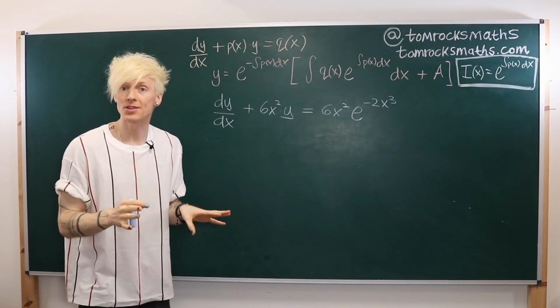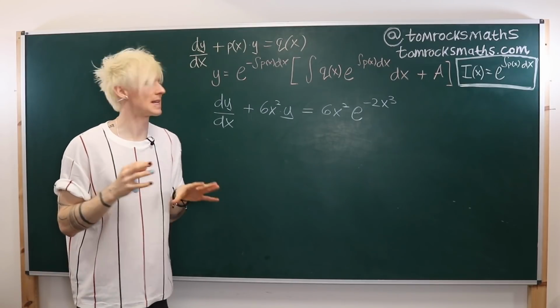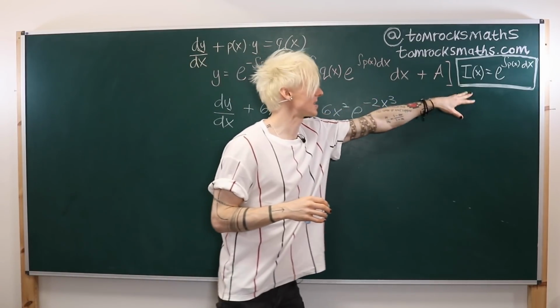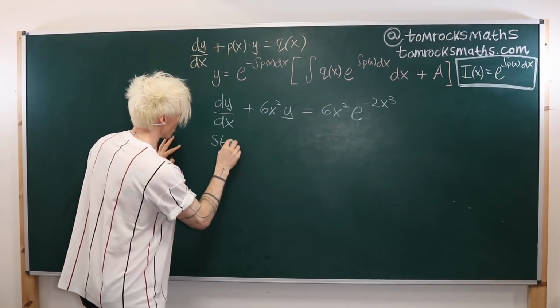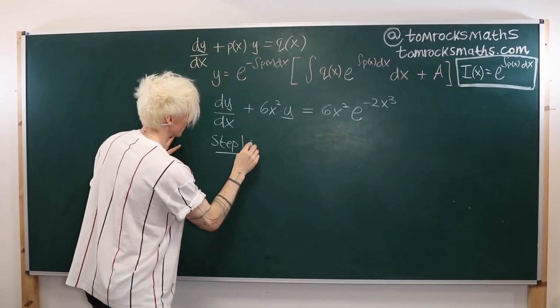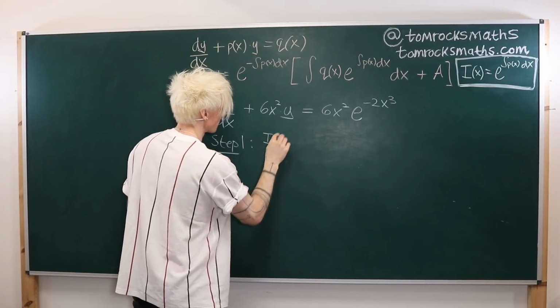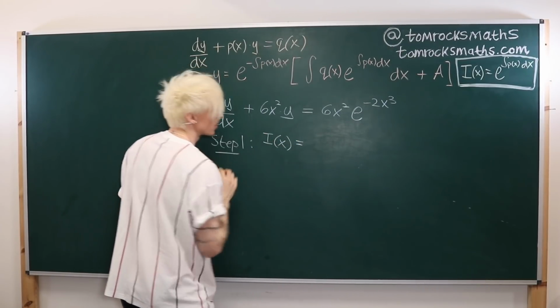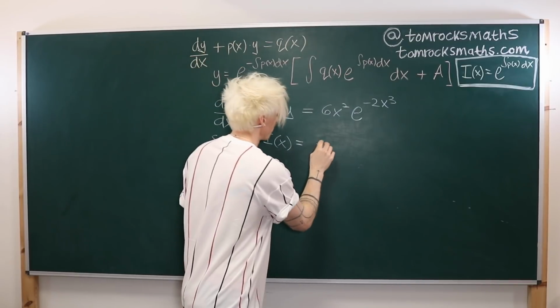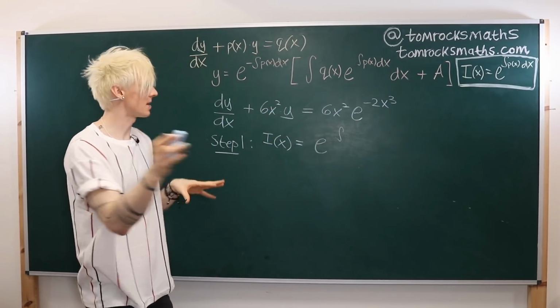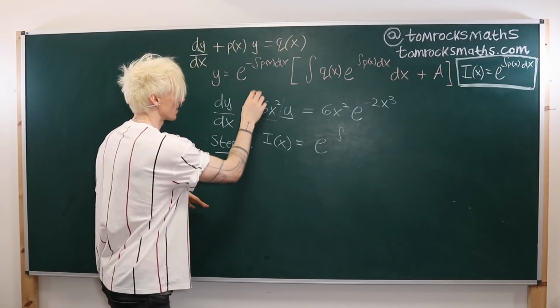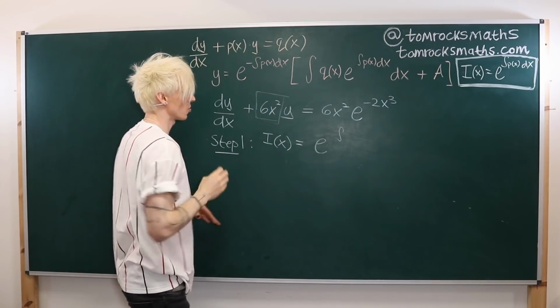As I just mentioned, step one is to calculate our integrating factor I(x). I(x) is equal to e to the integral of p(x). p(x) is going to be this term here, this 6x squared.